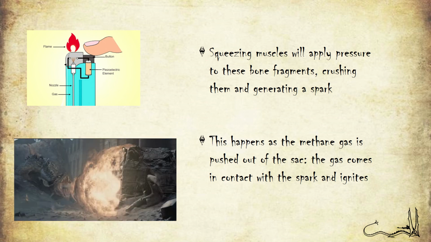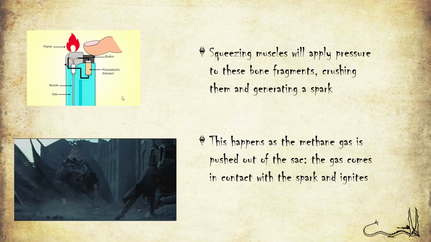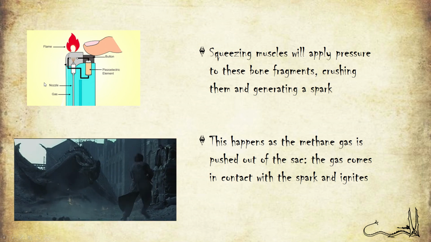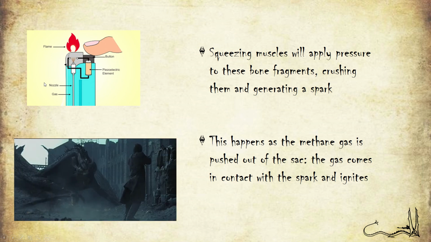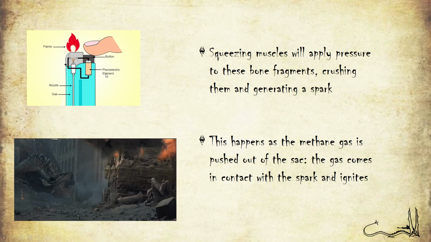So you can picture this working like a lighter over here. So the gas is pushed up as the thumb presses down the button and applies pressure to the piezoelectric element.